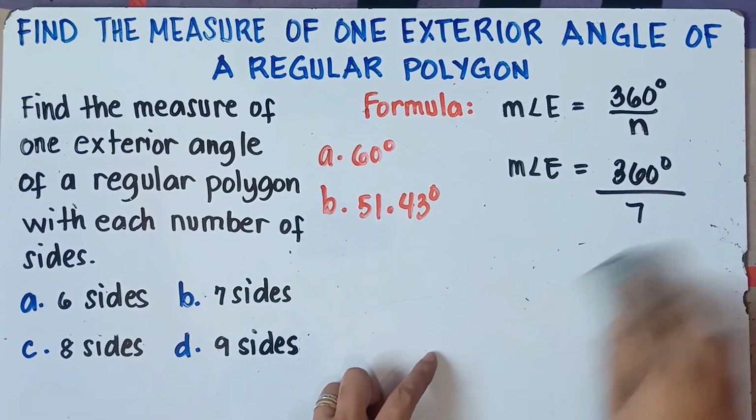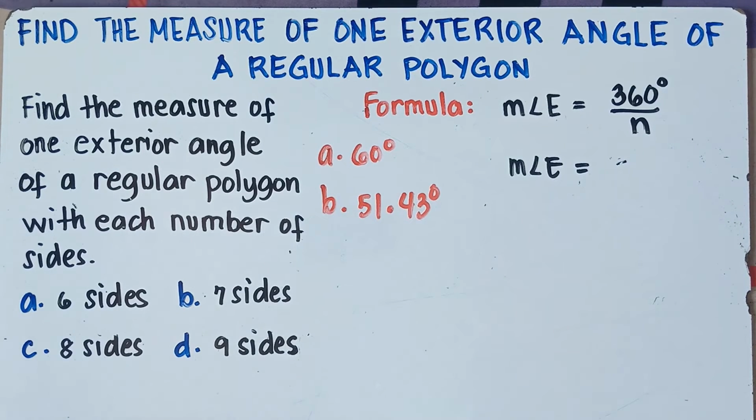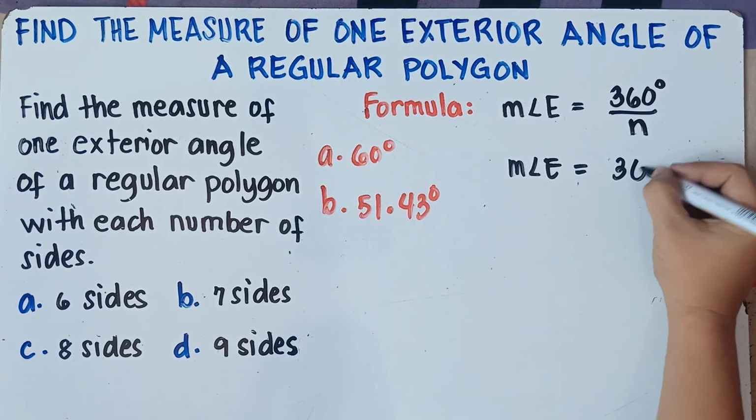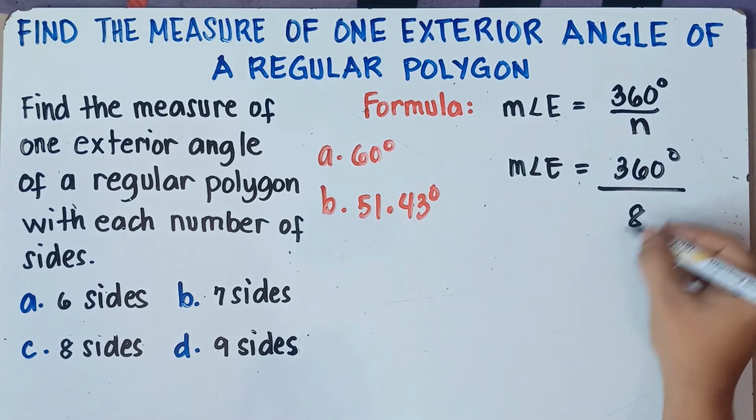Alright, so let's have letter C, 8 sides. What do you call, class, a polygon with 8 sides? That's correct, that would be octagon, and we have a regular octagon. So 8 equal sides, 8 interior angles must be congruent, and 8 exterior angles must be congruent. So use this formula, 360 degrees divided by our n, which is 8.